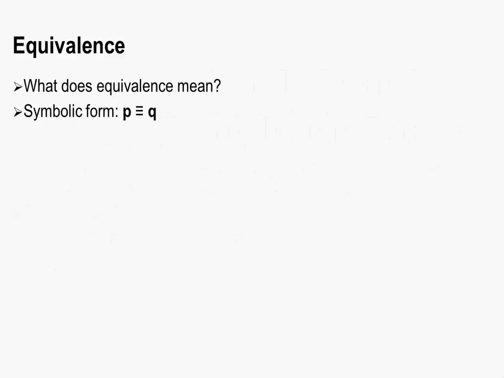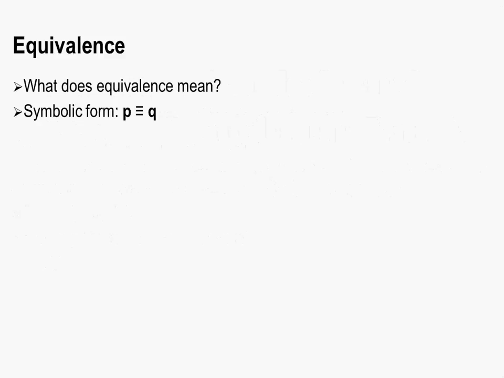And this here is the symbolic form, which is read as P if and only if Q. So the triple bar that's between the P and the Q is the symbol that we're going to use to formalize, and that symbol represents the phrase if and only if.